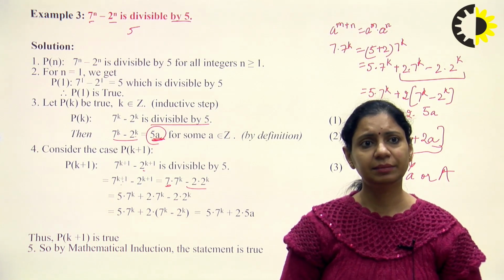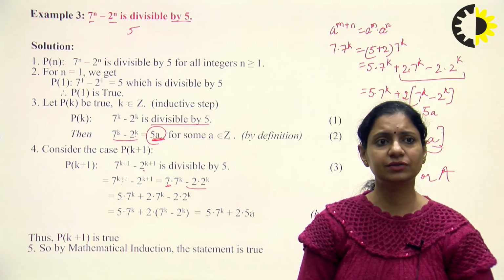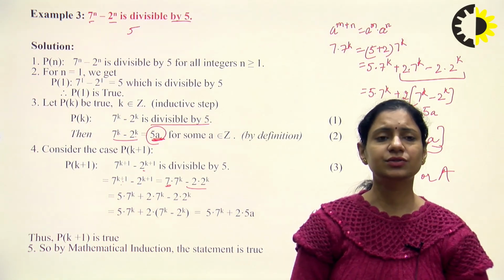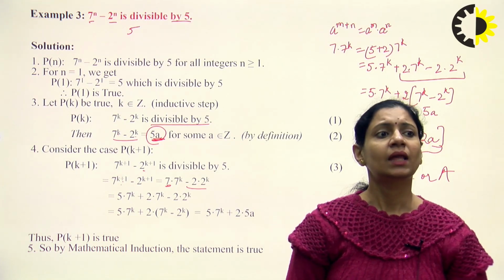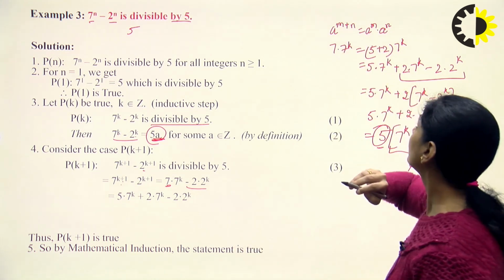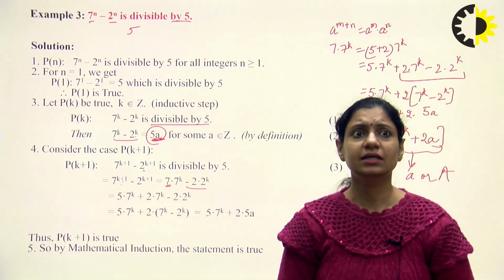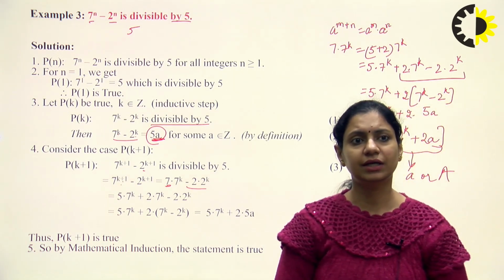When we considered the case pk plus 1, we replaced 7 to the power k by 7 to the power k plus 1 minus 2 to the power k plus 1. Now, by the definition, we know that a to the power m plus n is equal to a to the power m into a to the power n.